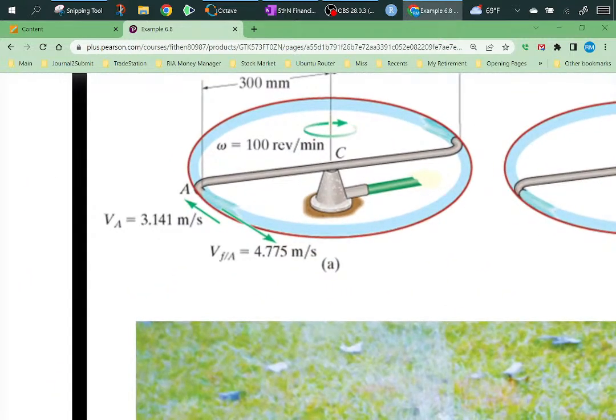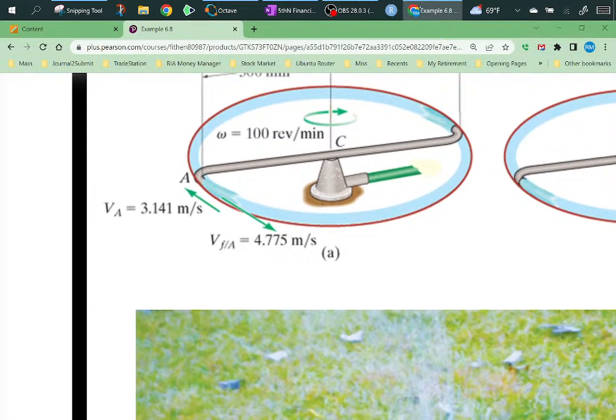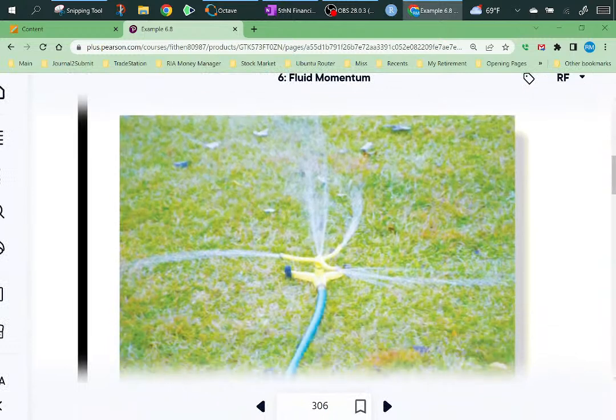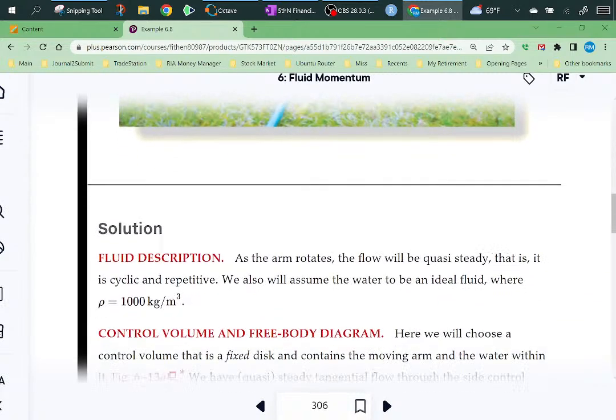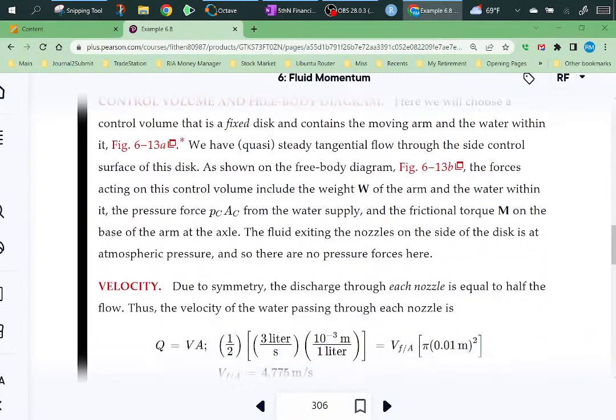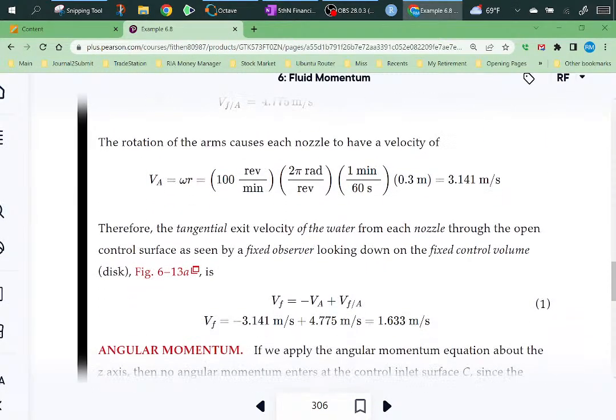So the key here is for the R cross V, you've got to have the velocity of the fluid relative to a person sitting still. So you're sitting here staring at this, and you're seeing this spin, and you're seeing the water come off at an angle, which is different than if you were on the object itself.